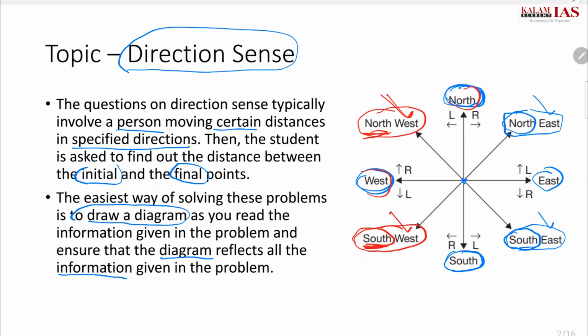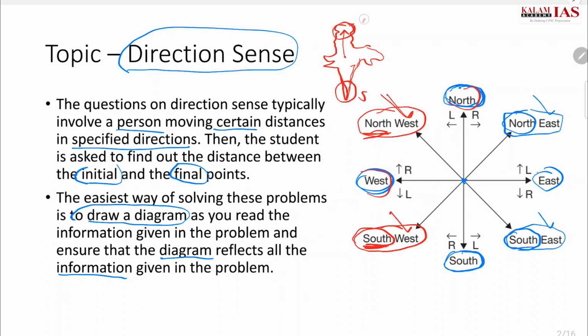You can also visualize from the map of India. Suppose we draw a map of India, something like this. Please pardon me for my bad drawing. If we are sitting here, north is this, the Jammu Kashmir region of India. South is the southern states.